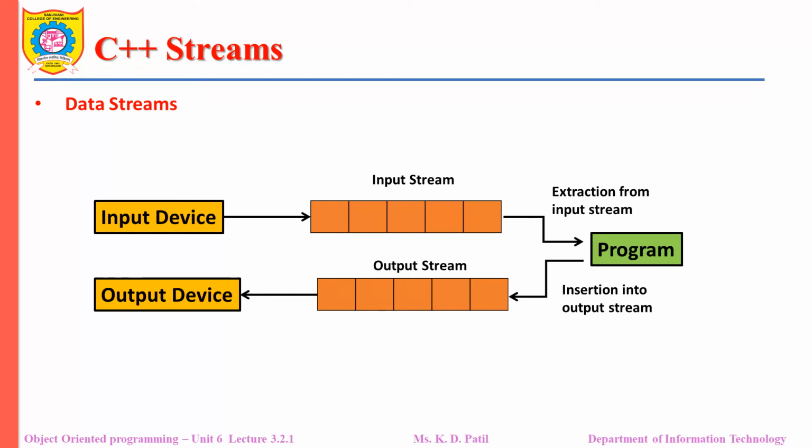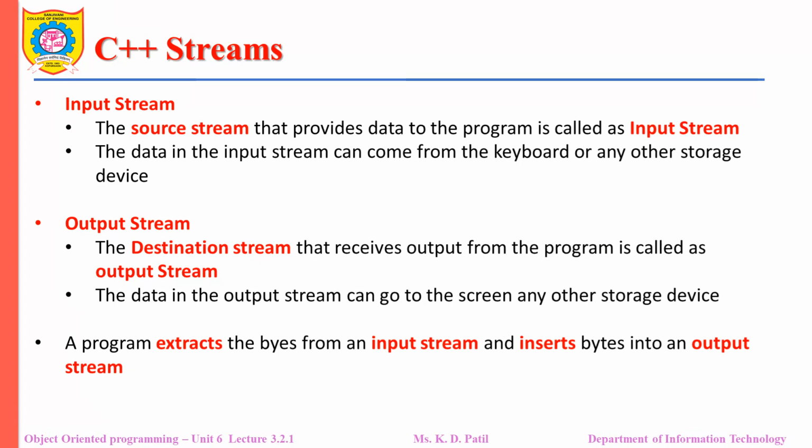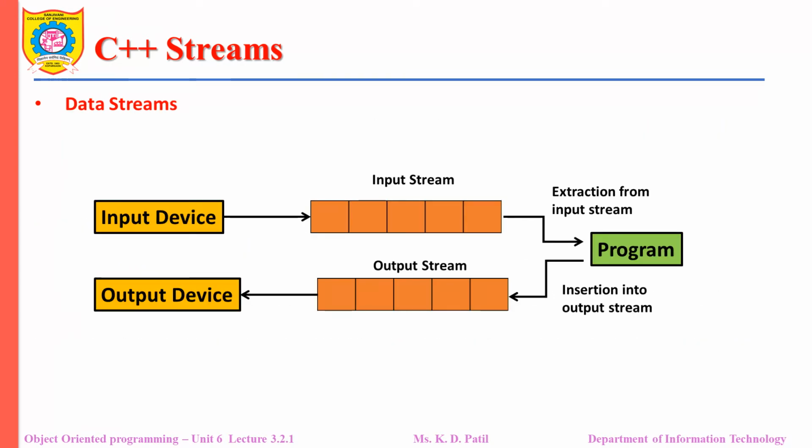The output device can be a screen or any other output device. The program extracts the bytes from the input stream, and it inserts the bytes into the output stream, and finally it goes to the output device.